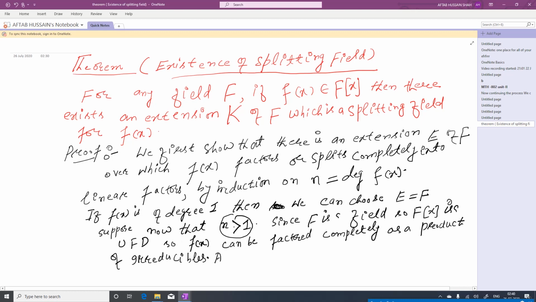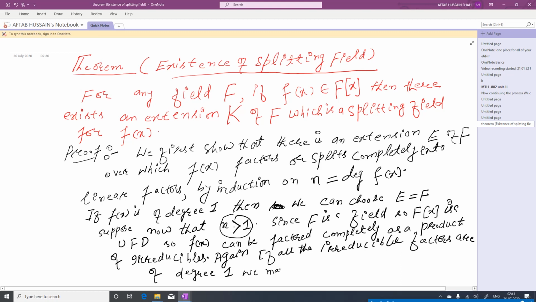Again, if all the irreducible factors are of degree 1, then we can choose E as F itself.